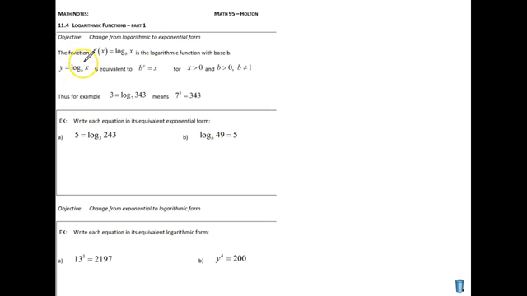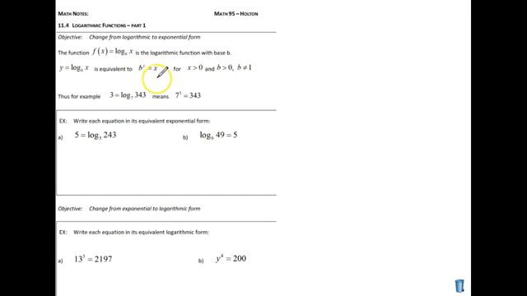And what we know is that y equals log base b of x is equivalent to saying b to the y power equals x. Now there are some restrictions here, namely that x has to be greater than 0, b has to be greater than 0, and b can't be 1. And if you look here, b is our base in this exponential equation.